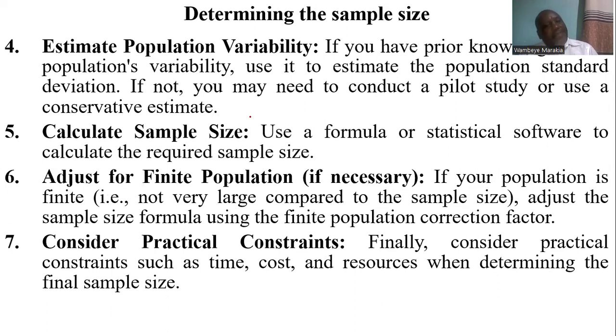Then number 6, adjust for finite population if necessary. It is not a necessary step, but you can adjust. If your population is finite, not very large compared to the sample size, adjust the sample size formula using the finite population correction factor. Some of these things we look at in advanced statistics.